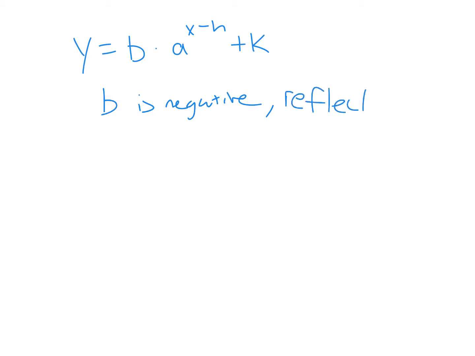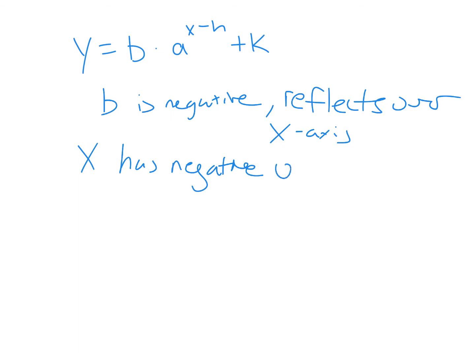If x has a negative up front, meaning, as we noticed with the examples I showed you in the last slide, this negative reflects over the y-axis.